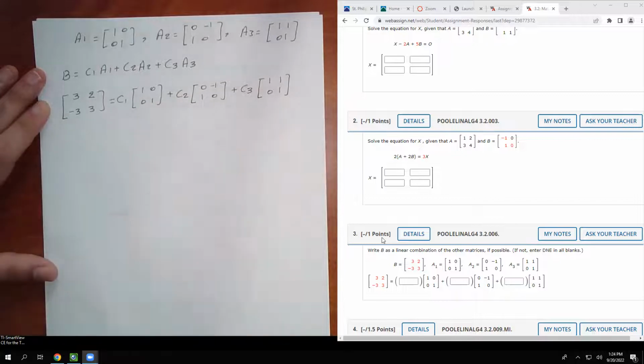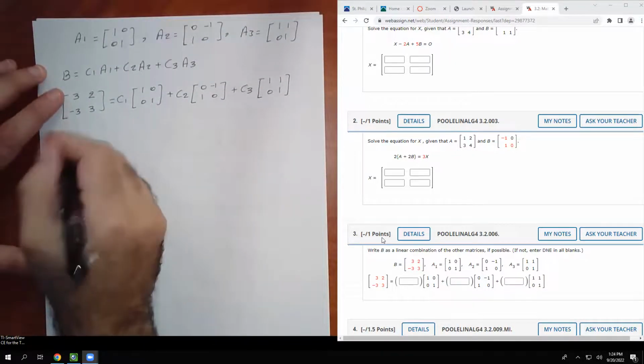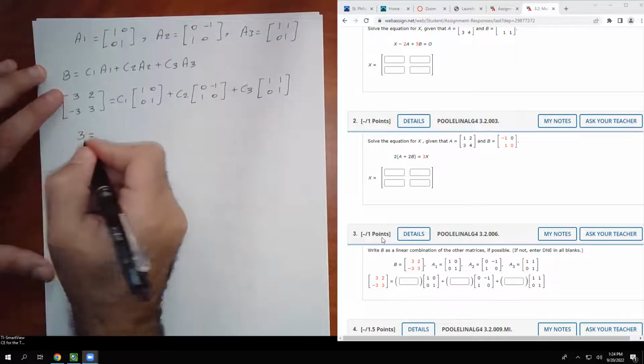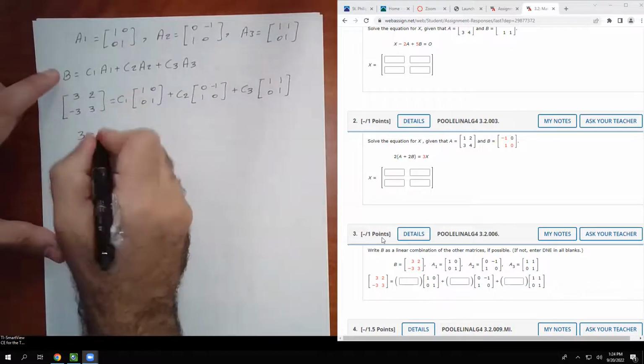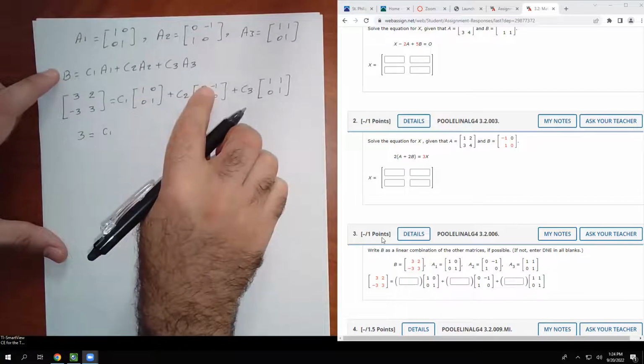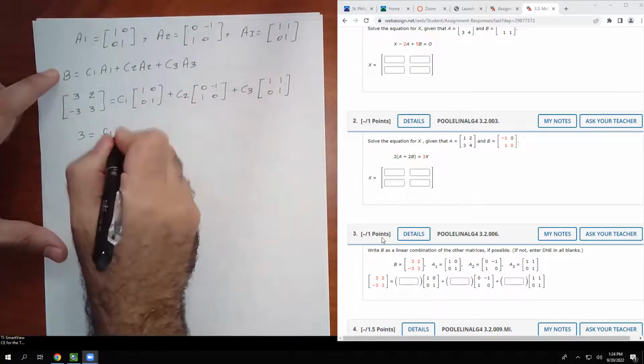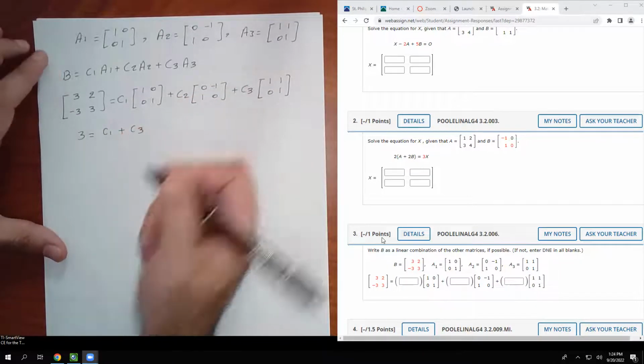Now let's write down the system for these matrices. So it's going to be 3 equal C1, C2 is 0, C3 is 1. So C1 plus C3.